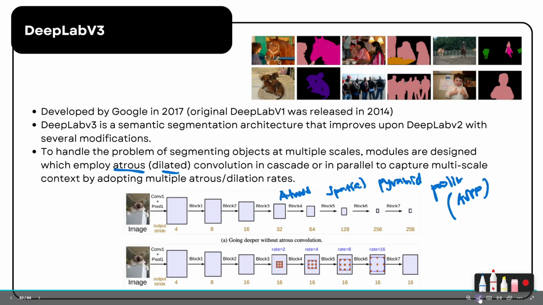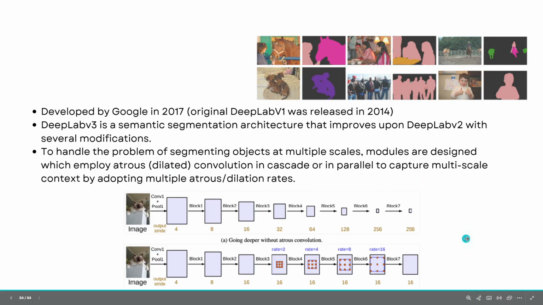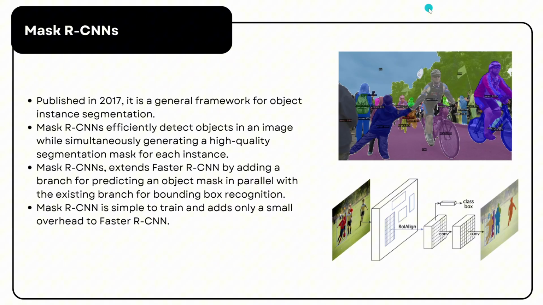Next, one of the most important models also is Mask R-CNN. This model was introduced in 2017 and is widely regarded as one of the most powerful frameworks in this domain. Now, what exactly does Mask R-CNN do?